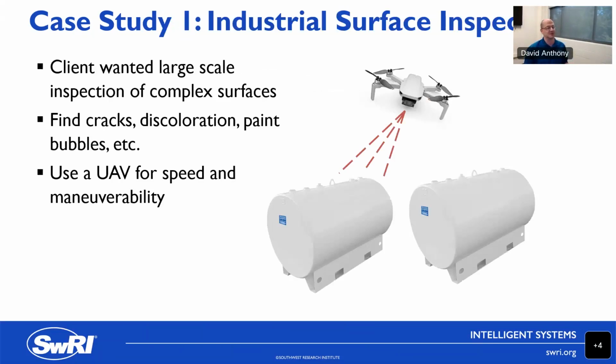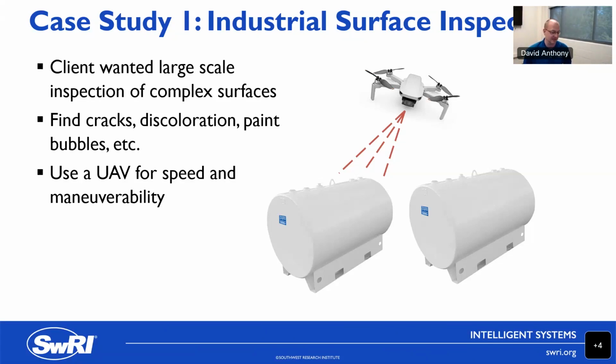So the first project we did, this was something that I worked on the first year I was here at SWIRI, and this is one of the first projects we really had that was a really great, almost pure machine learning application, which was how do you do surface inspection of industrial objects at a large scale?